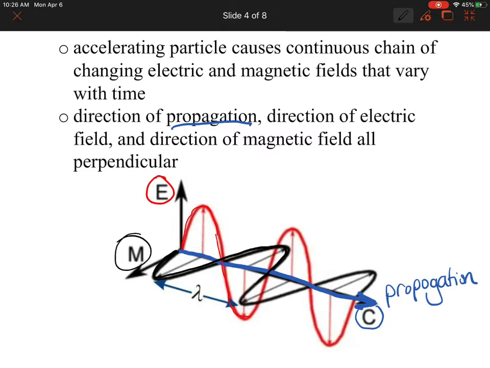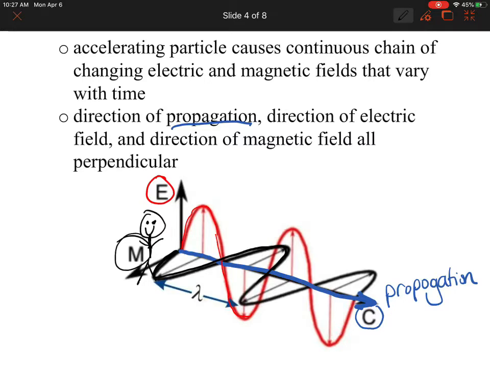So they should all be mutually perpendicular, which is really difficult because obviously we are on a two-dimensional plane right here, and I'm trying to explain a three-dimensional thing. So here's what I want you to do. I just want you to pretend that you're right here, and you're observing what's going on.